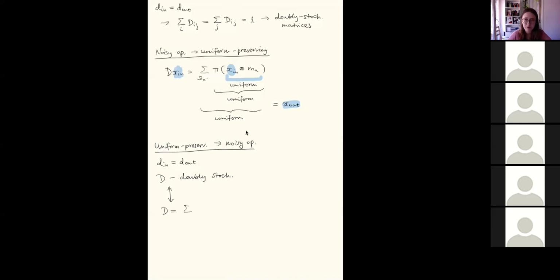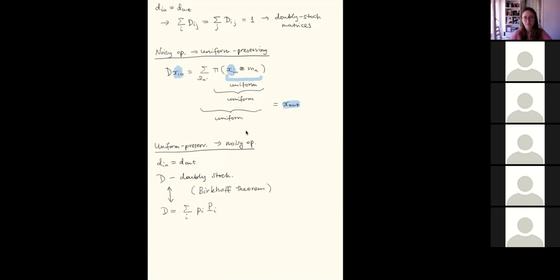So for some set of permutations pi and some probability distribution small pi, we will get that D equals the sum over i of p_i times pi_i. So this is due to Birkhoff's theorem.